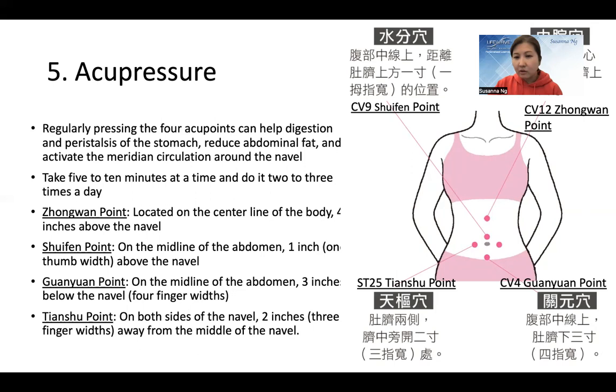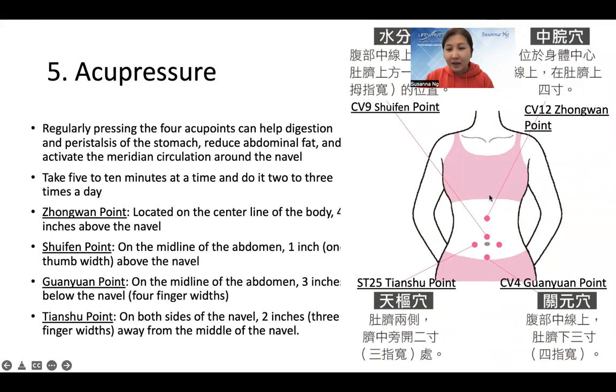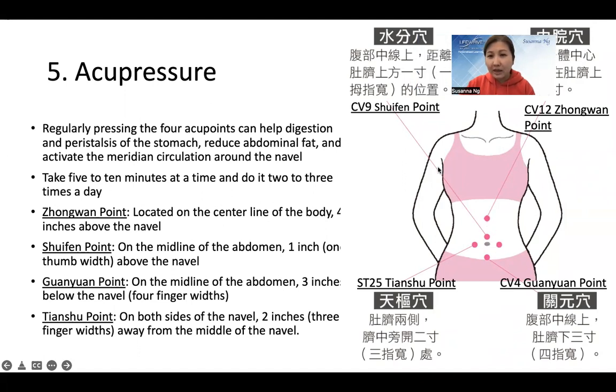If you stimulate these locations more, it will help improve your digestive system. Also there is 1 point about 6 fingers distance above your belly button, which we call CV12. This acupuncture point can also improve your digestion.